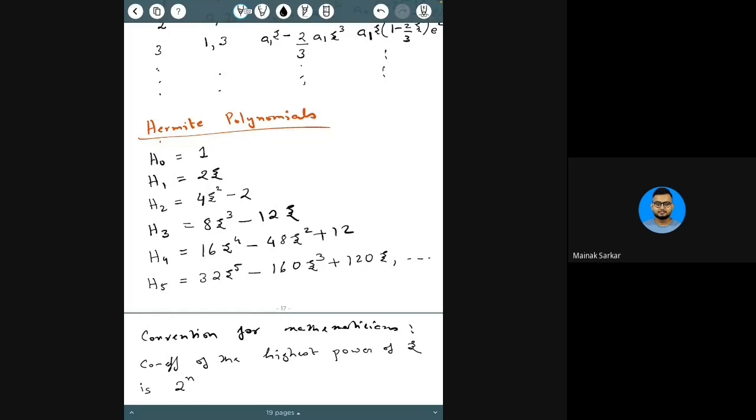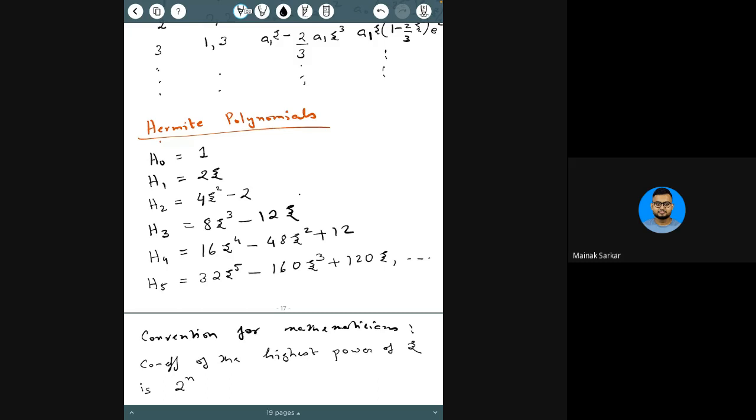So for H0 you had 2 to the power 0, for H1 2 to the power 1, for H2 2 to the power 2. That is what they had proposed in their mathematical formulation. They didn't know anything about the harmonic oscillator, but they follow the same recursion relation as the harmonic oscillator problem.